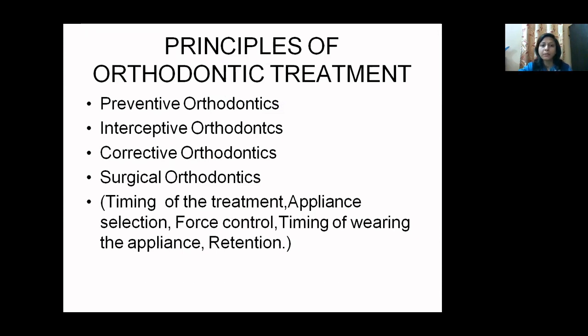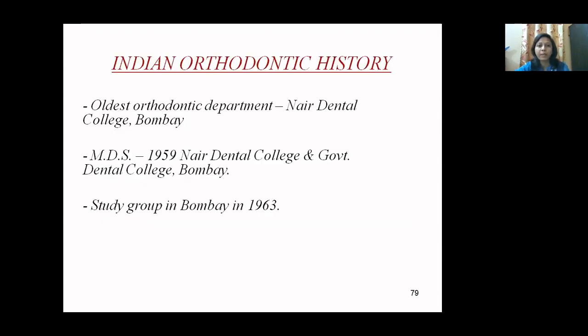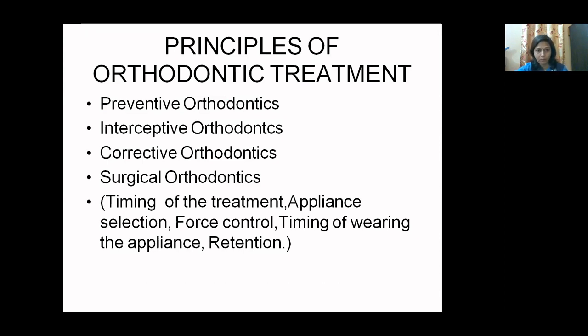So, principles of orthodontic treatment. After this history part, there are various disciplines of orthodontic treatment, which we can describe as preventive orthodontics, interceptive orthodontics, corrective orthodontics, or surgical. For all these, the timing of the treatment, appliance selection, force control, timing of wearing the appliance, and retention are the factors which will govern the treatment.